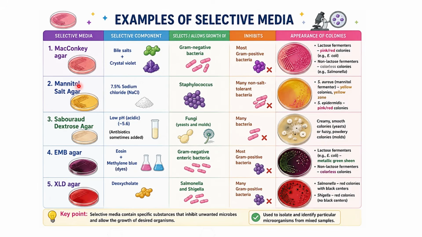The second selective medium we will look at is the Mannitol Salt Agar. In the Mannitol Salt Agar, its selective component is 7.5% sodium chloride. And this high concentration of salt allows the growth of salt-tolerant organisms like Staphylococcus species and inhibits the growth of many non-salt-tolerant bacteria.